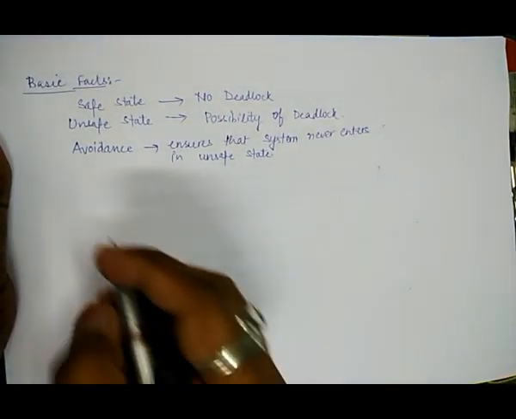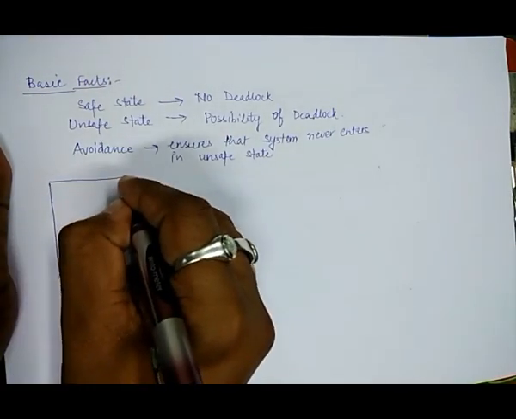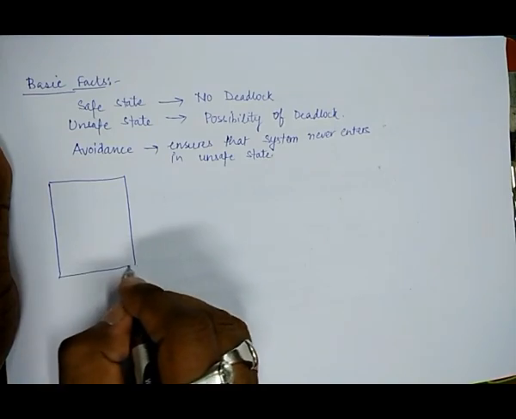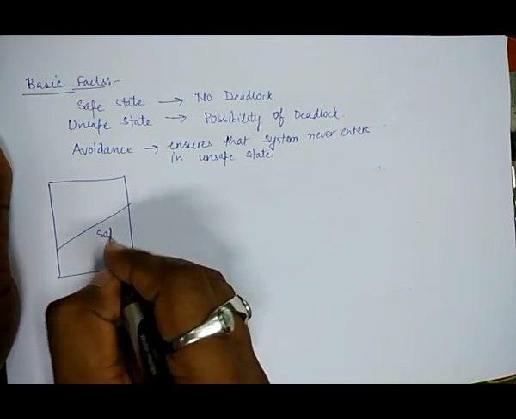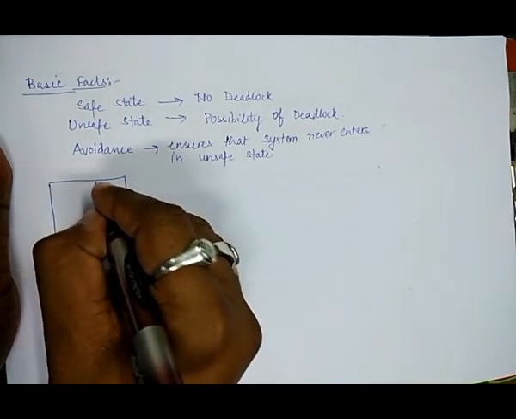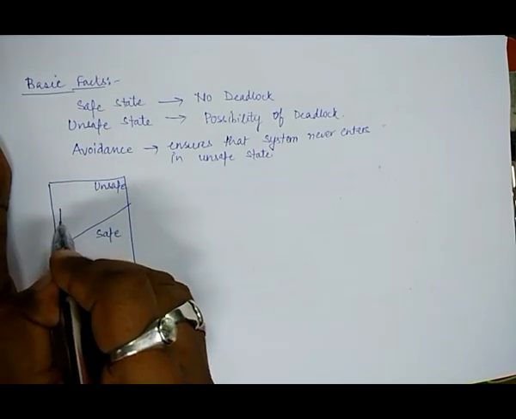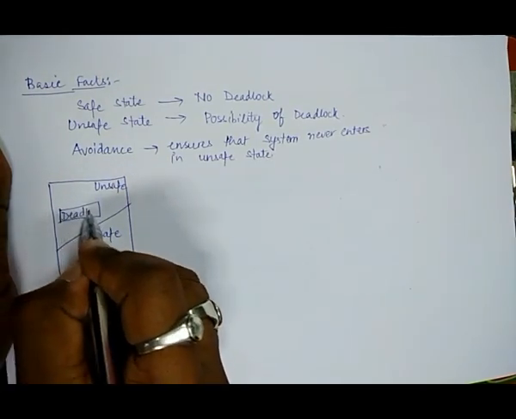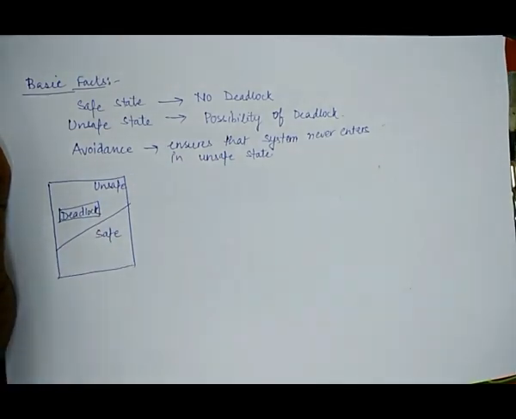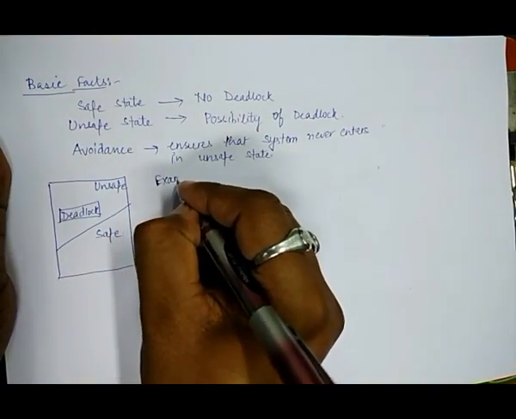Now, if we take a look at the diagrammatic structure, we can define our system in two states: first is safe and second is unsafe. And deadlock is a substate of unsafe state.